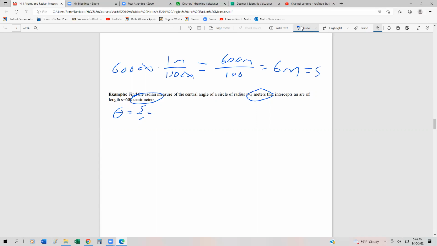So when we go to compute this, now we have 6 meters divided by radius 3 meters, and that's just going to be equal to 2 radians. Essentially, the central angle is going to be 2 arcs, or twice the measure of the radius.